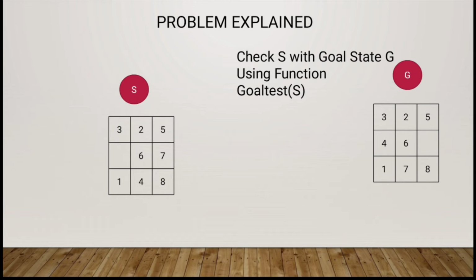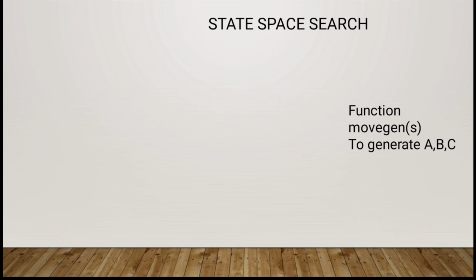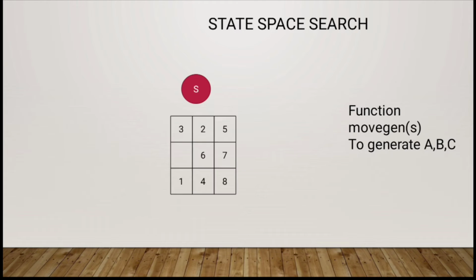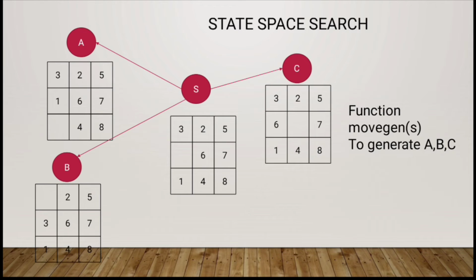So what if S fails? If S is failing, I'm going to use another function, the moveGen function, where I'm going to generate A, B and C. What are A, B and C? They are the neighboring states of S. How are these neighboring states of S generated? See, for example, this is an 8 square problem. Here you can see there is a space in between 3, 6 and 1. So what are the possibilities?